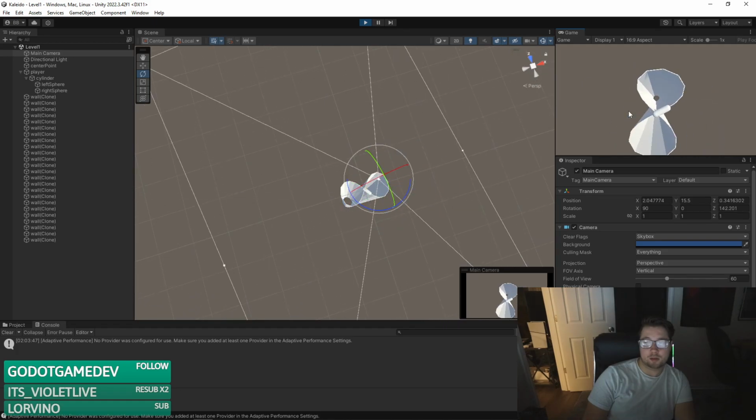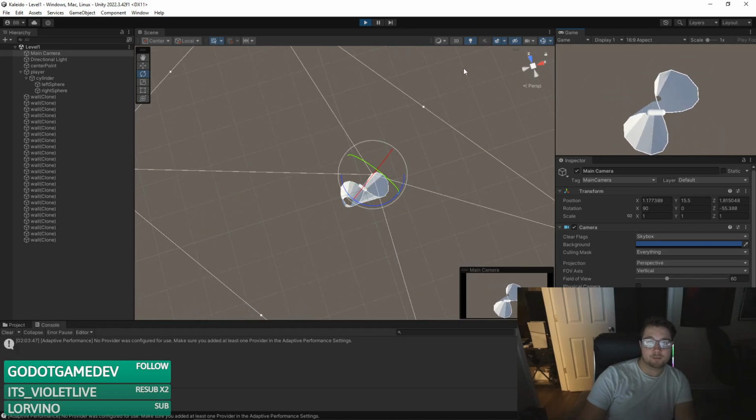Okay, now it flips right there. Yeah, it flipped the issue.